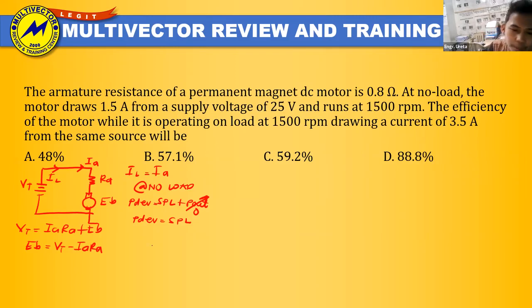Sir, ano ba formula ng power developed natin? Power developed is EB times IA. Syempre at no load, therefore IA no load, EB no load. Sir, ano bang formula ng EB? Our EB is just VT minus IA RA. Our IA no load is 1.5 ampere, multiplied by RA.